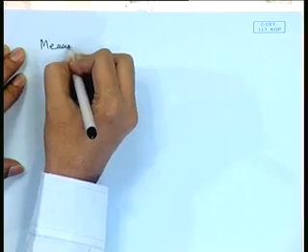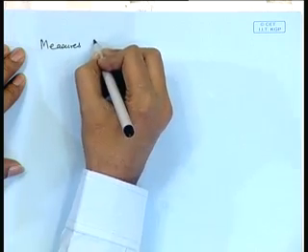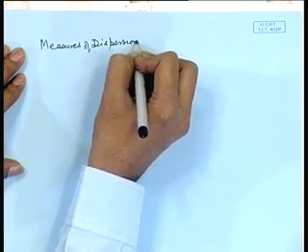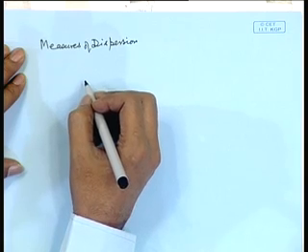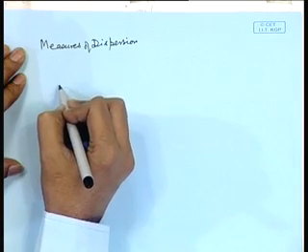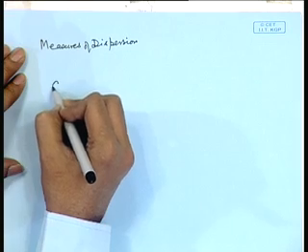Now, apart from the measures of central tendency, we have measures of variation or measures of dispersion or measures of variability. One of the popular measures of dispersion is the variance.